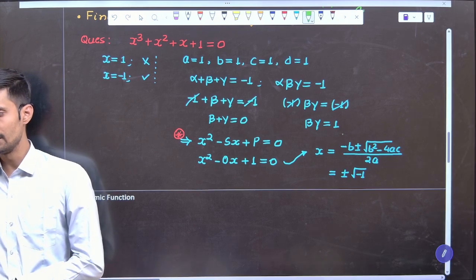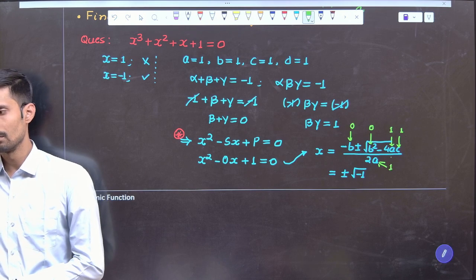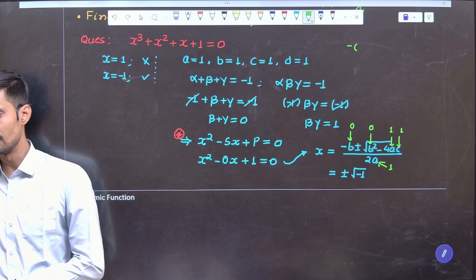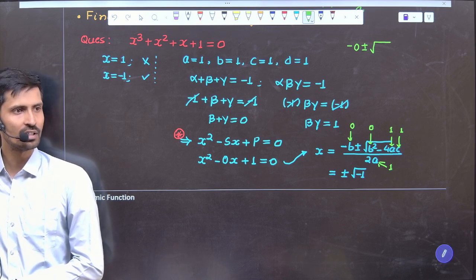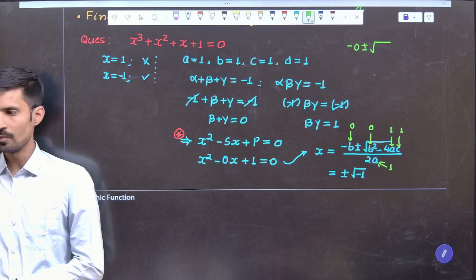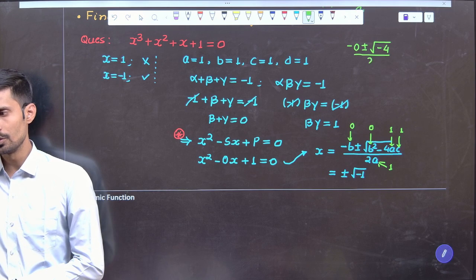Let's put b 0, a 1, c 1. So this will become minus 0 plus minus root under 0 square 0 minus 4 into 1 into 1, minus 4. 0 minus 4, minus 4 by 2 into 1, 2.